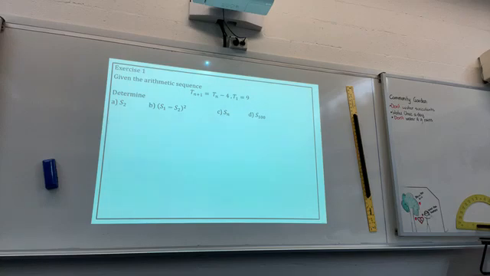Alright, in this case, what is A? What is D? A is 9. D is -4. I've got my solution written out already, so it makes it a little bit easier to read.